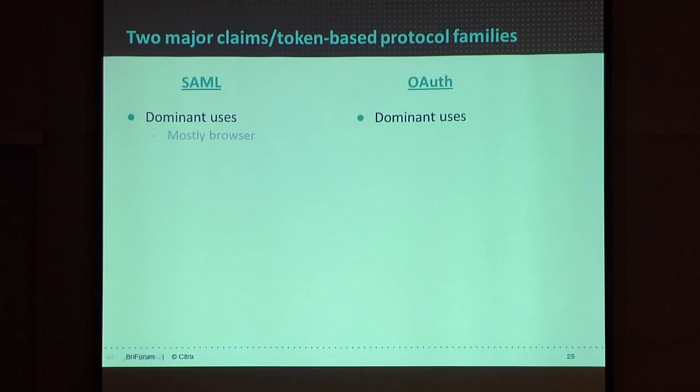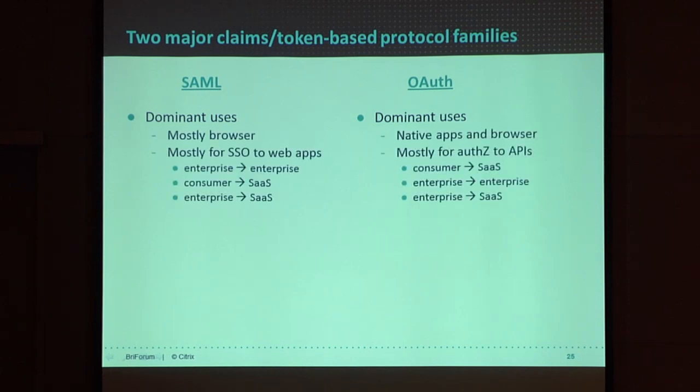But in terms of where they are today, they're both full federation protocols. They can both be used for solving the same kinds of problems, but they've ended up with their dominant use cases. So SAML today is mostly web single sign-on. That can be business-to-business federation use cases.